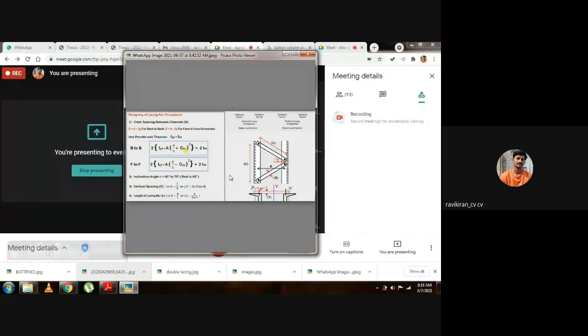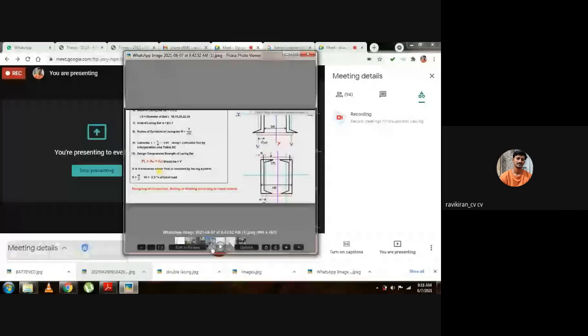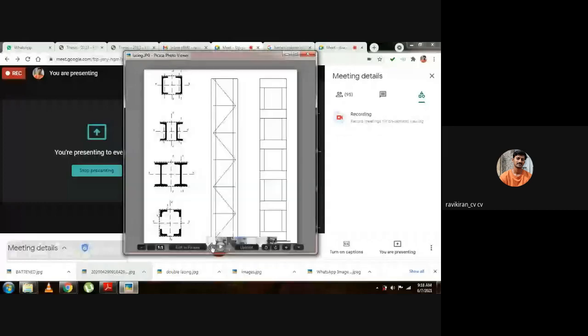Laced compression member shall be provided with tie plates. Sometimes it is also called end tie plates. If you look at this picture, one second, I'll show you. See here, this horizontal member is called end tie plates in this picture.